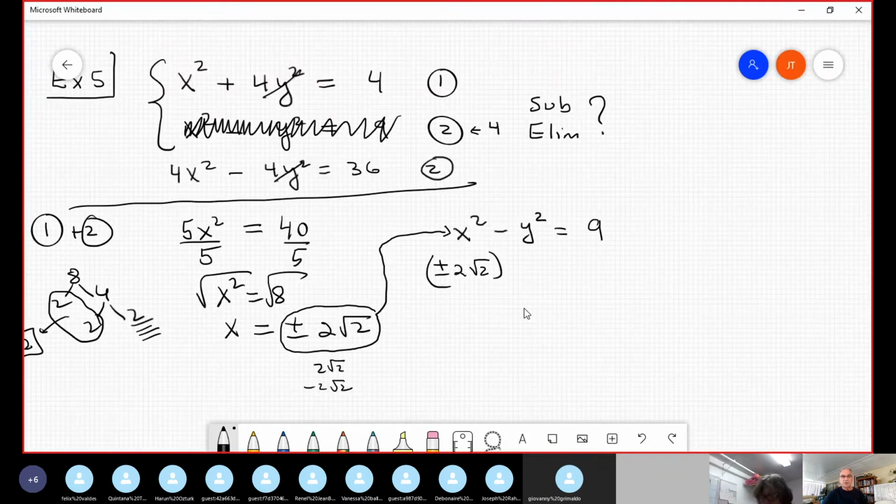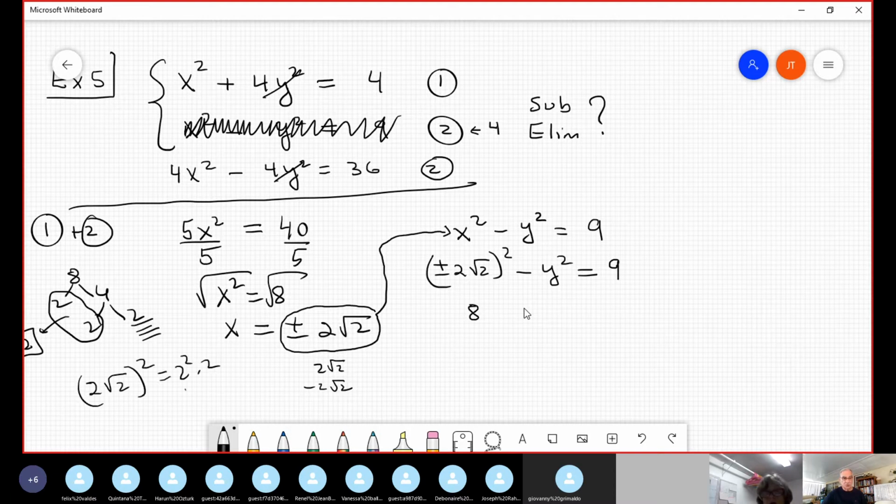I don't care about the sign because the square becomes positive. Therefore, this is 8. Remember, 2 radical 2 squared is 2 squared times 2, 4 times 2 is 8.